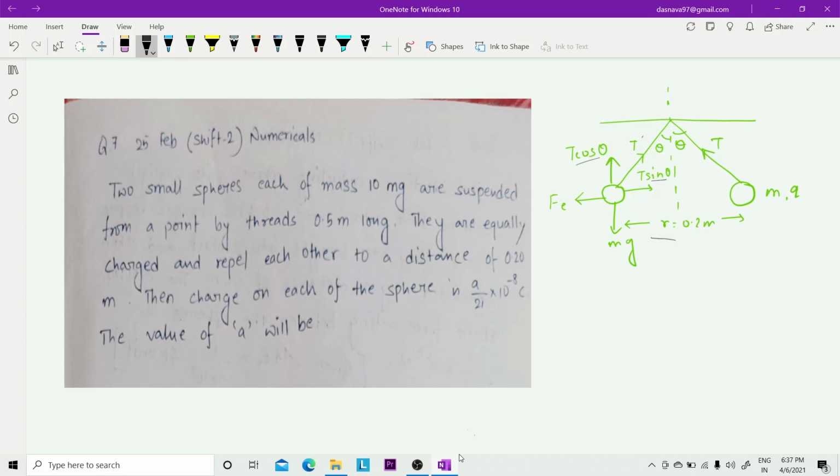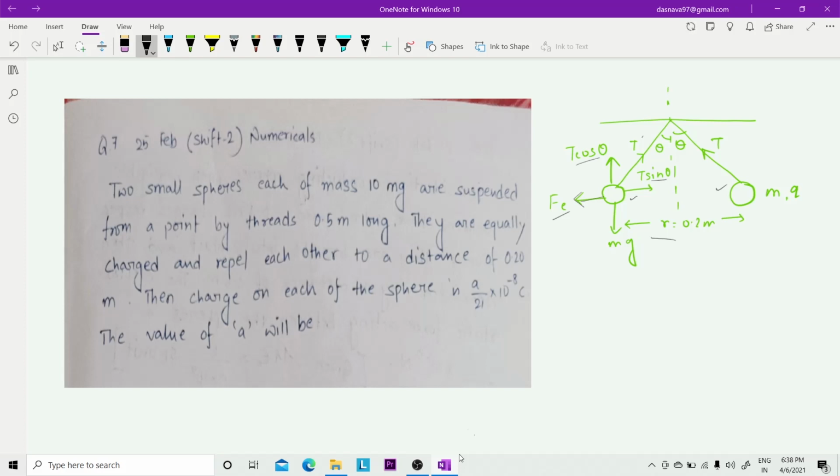T sin theta will balance Fe, the electrostatic force of repulsion between the spheres, and T cos theta will balance mg, the gravitational force on the sphere towards the earth.